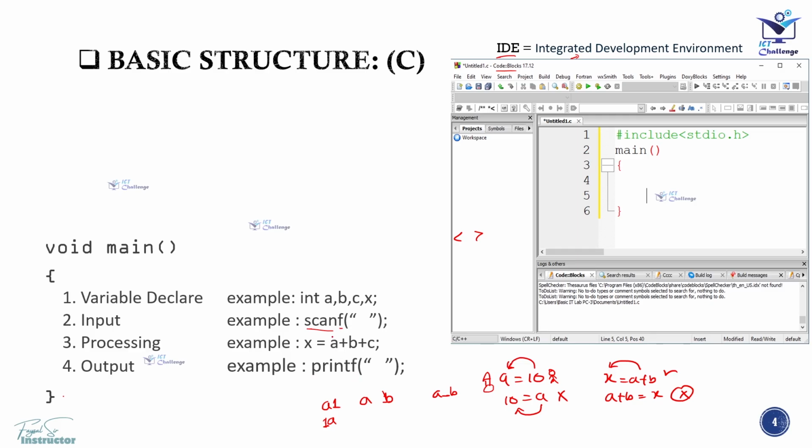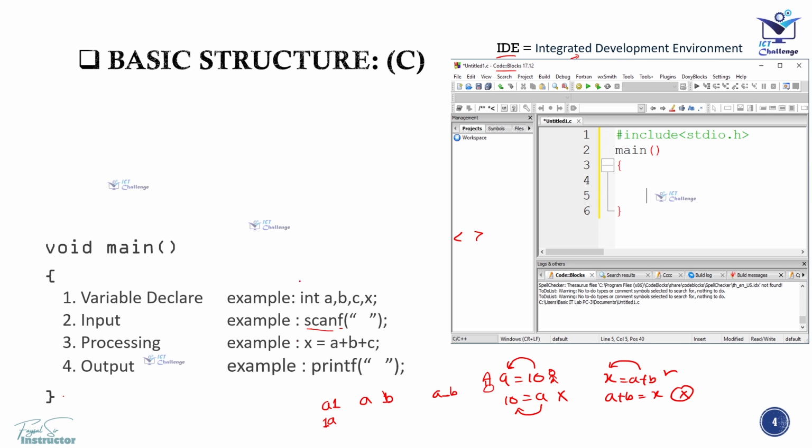So the computer will not understand these words because they are not in its dictionary, and int is not in the English dictionary. The full version, integer, is available in English grammar but not int. So these words are very important to complete C programming, right?